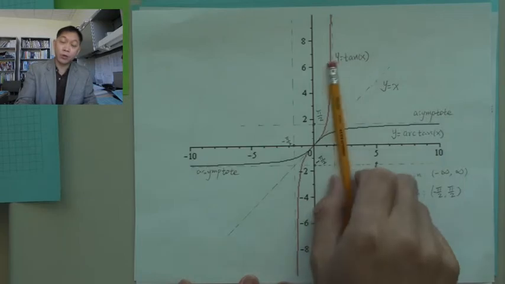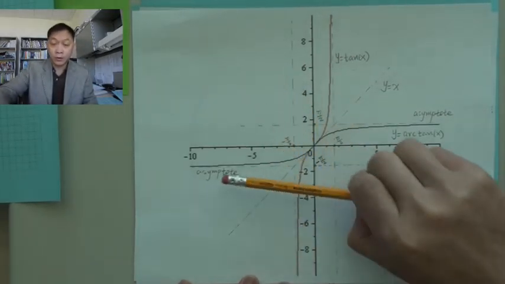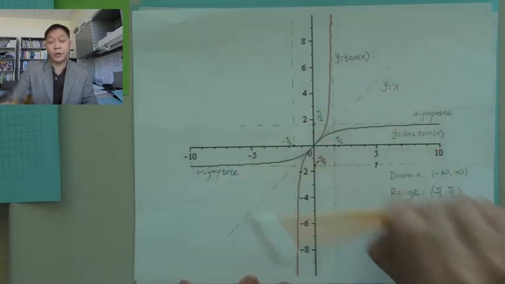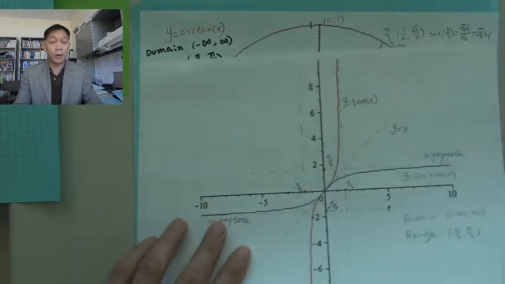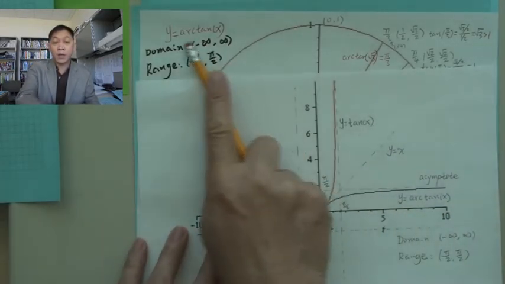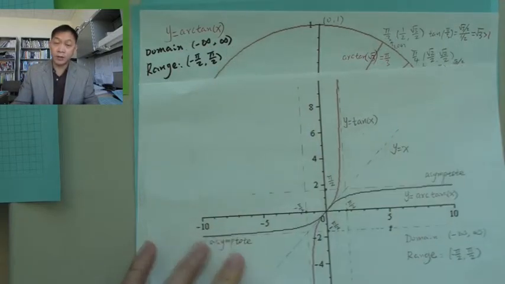So previously there are two vertical asymptotes. Now there are two asymptotes in horizontal direction. We already know the domain for arctan x is negative infinity to positive infinity.